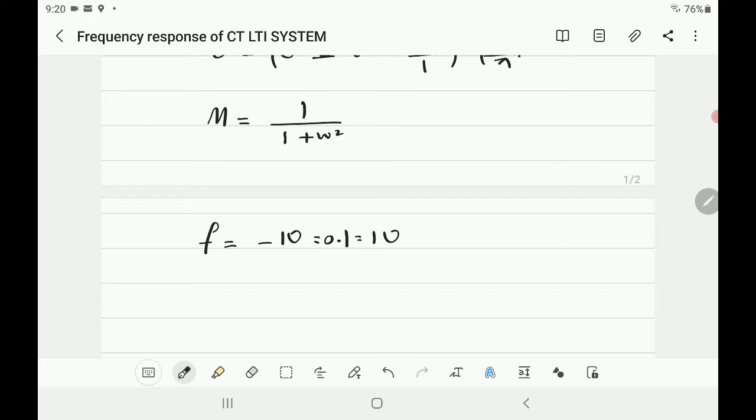To do that, I'm doing this in MATLAB. And then you can find the angular frequency omega by multiplying the frequency by 2 pi, because we know that omega is equal to 2 pi f. So you can write it as 2 times pi times f.